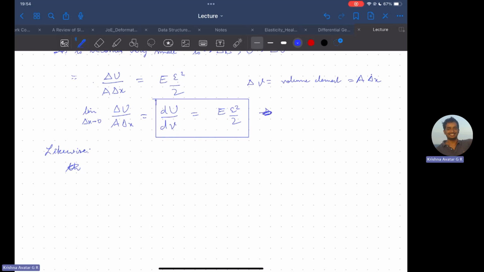Now, to close this argument, say for beams of uniform cross-sectional area. So this was like a volumetric energy, elastic energy density, or volumetric strain energy density.